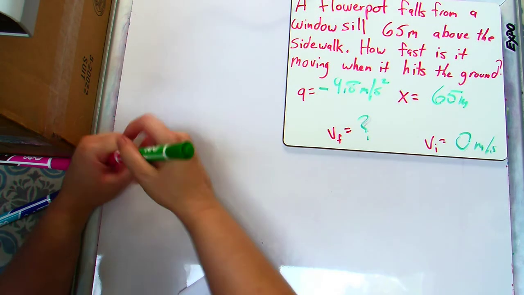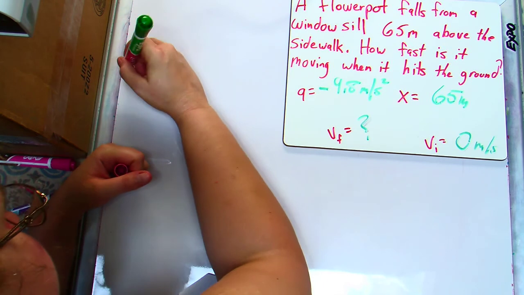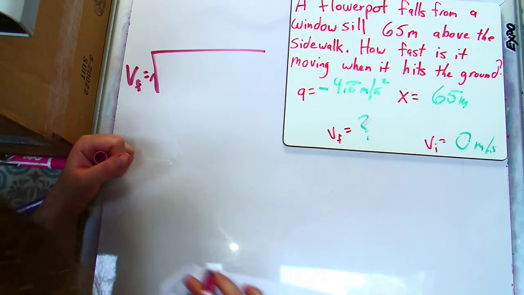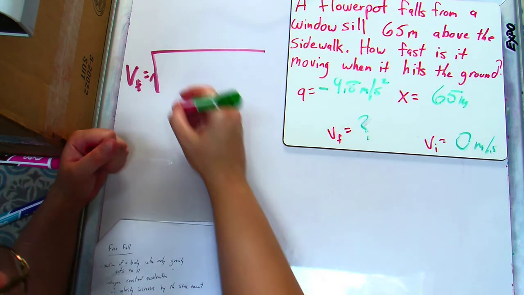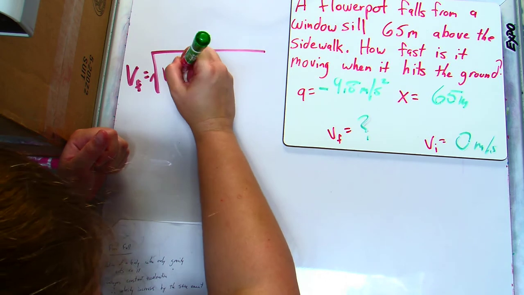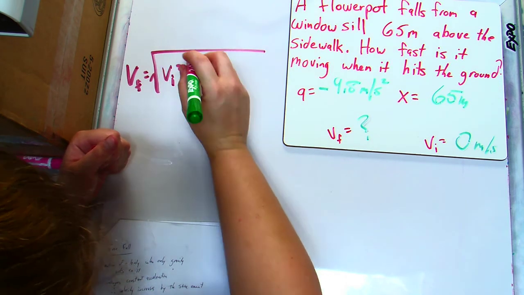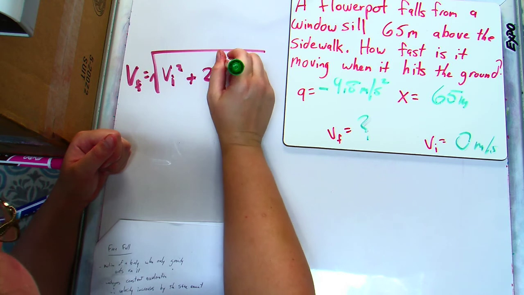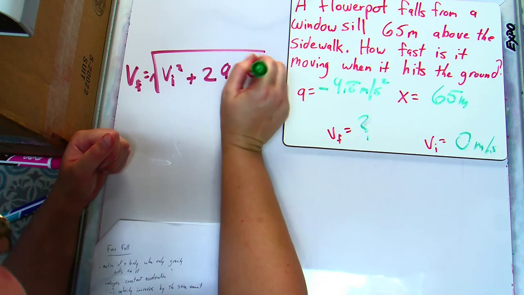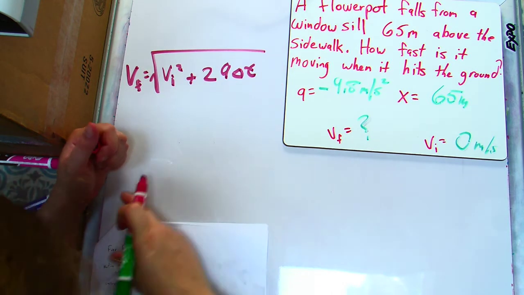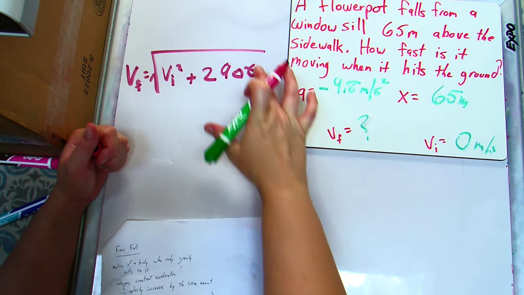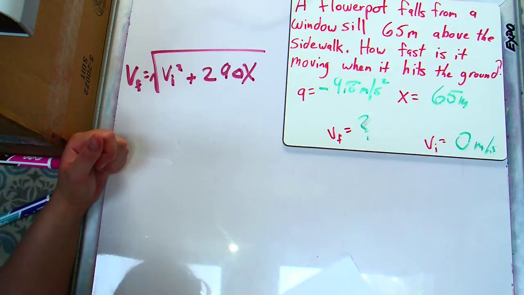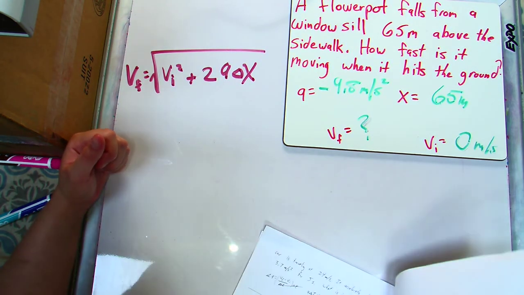And that equation, vf equals square root of vi squared plus 2a delta t. No, I'm sorry, delta x. So we actually solved for that equation in a previous video.